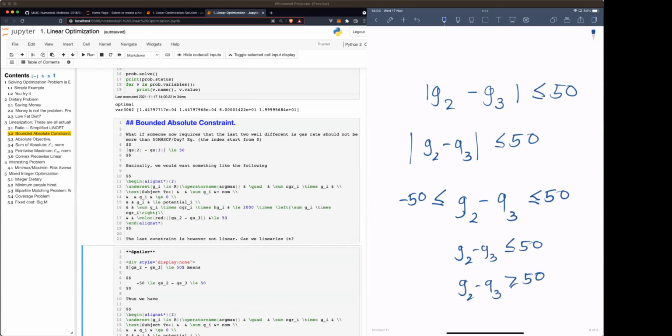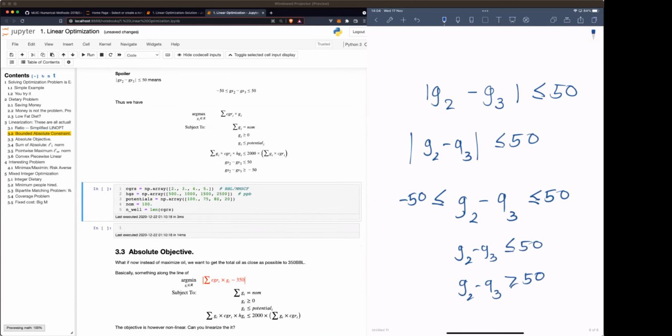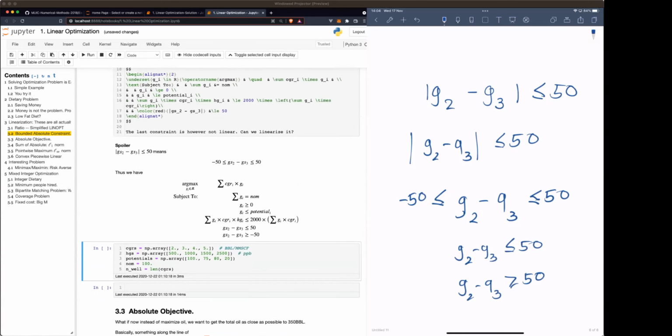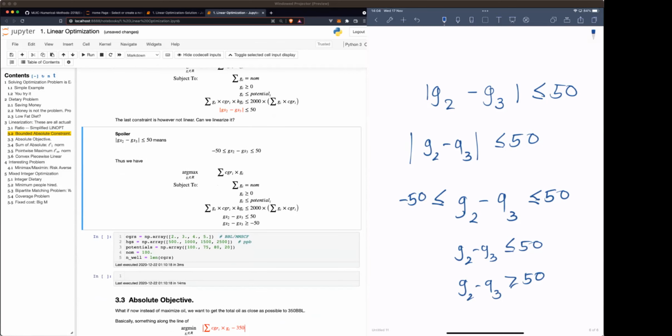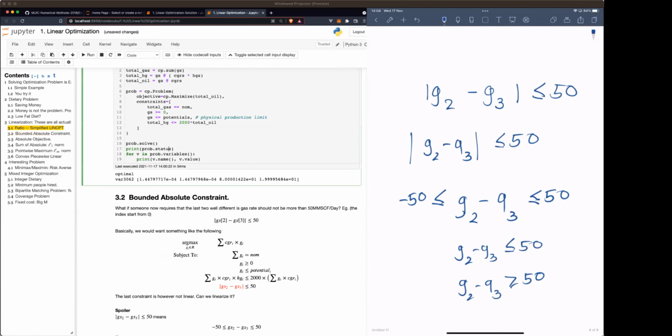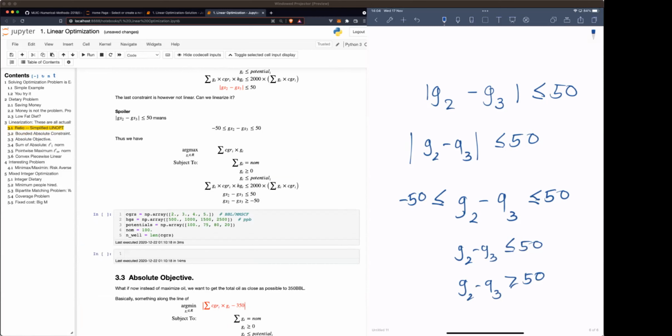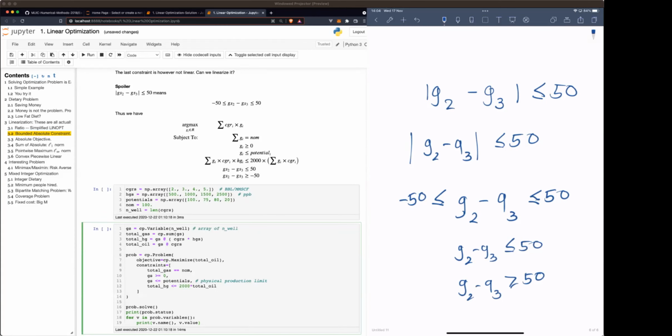Let me just remove the spoiler because I probably highlighted everything for you already. This is exactly what absolute means. That means you just need to put these two in. So let's do exactly that. Let me copy the thing above. All I need to do is say that G2 minus G3 is less than or equal to 50.